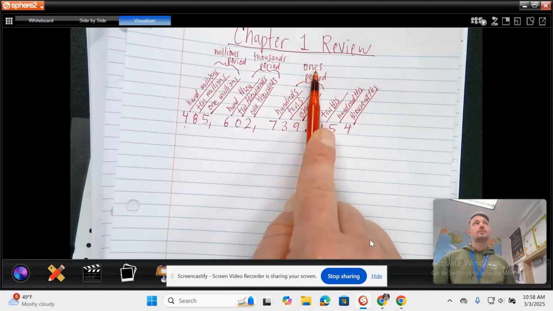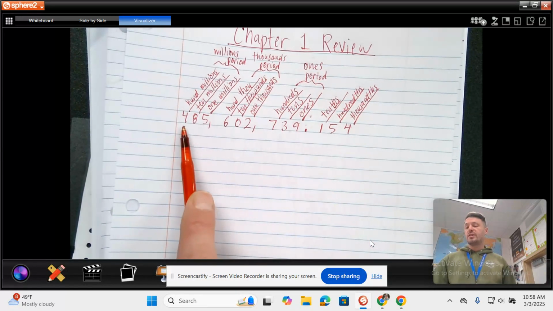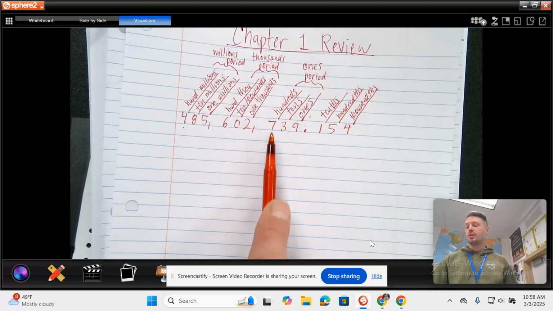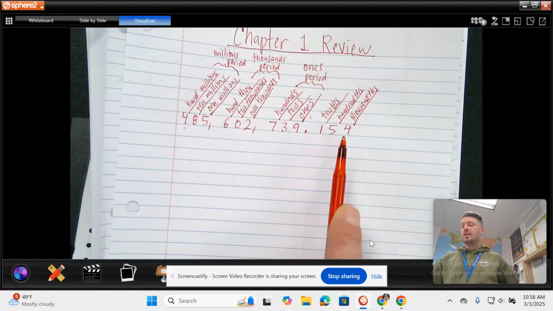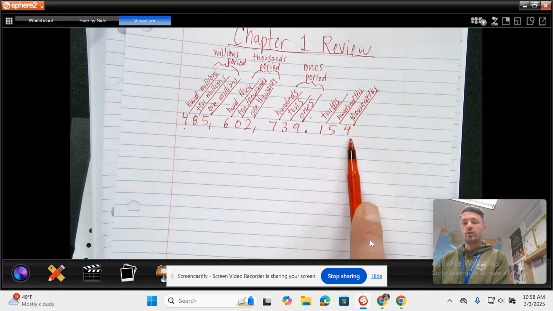We don't say ones. Then for the decimal point, so far we say 485,602,739. Then for the decimal point, we don't say point, we say and. Then we say whatever digits are to the right of the decimal point. So we say 154.